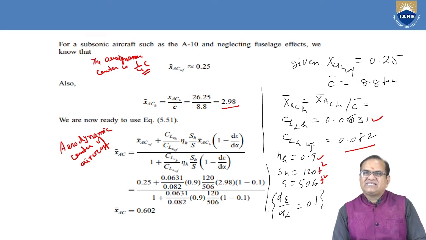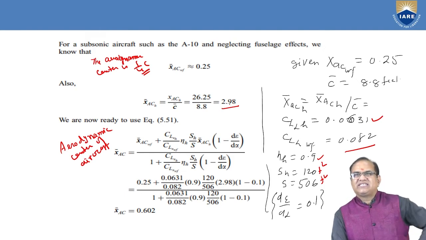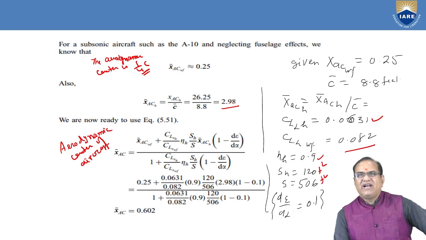Then X bar ACH is 2.98, and 1 minus d epsilon by d alpha is 1 minus 0.1.